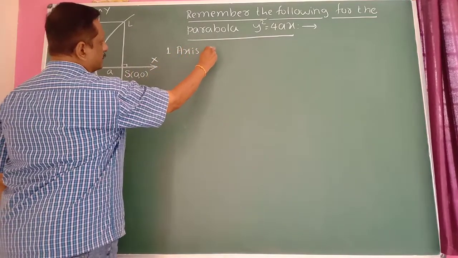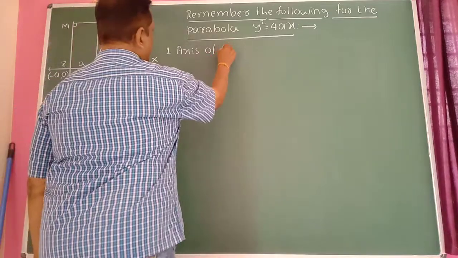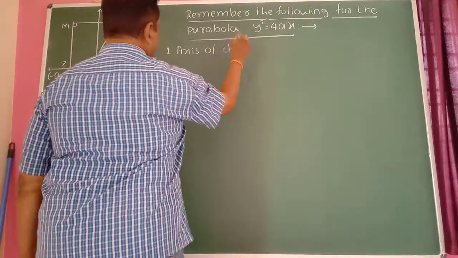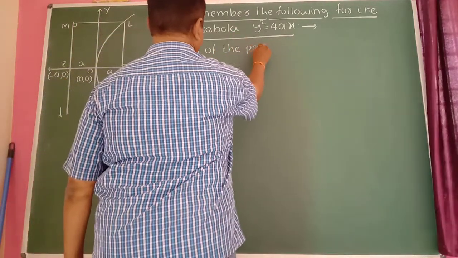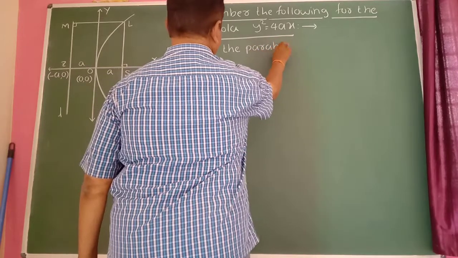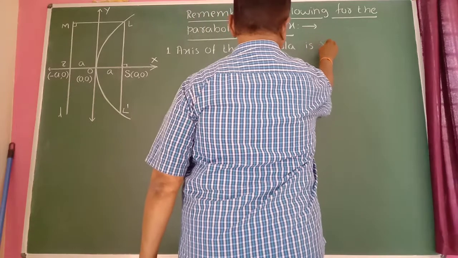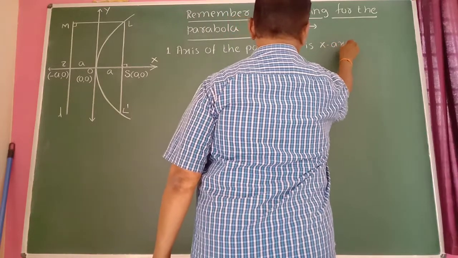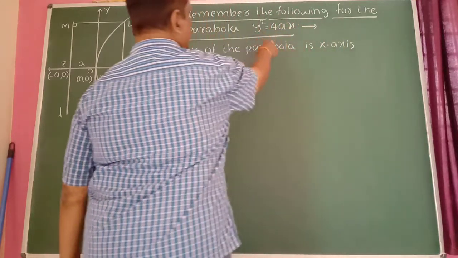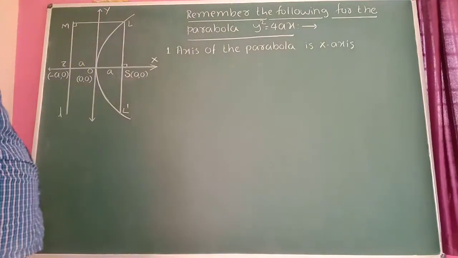Axis of the parabola is the x-axis. For this parabola, the axis is the x-axis.